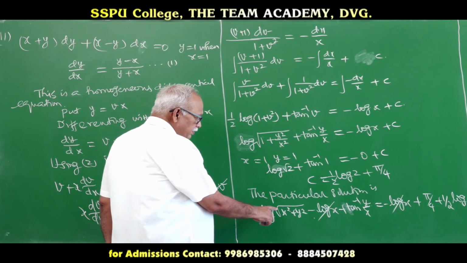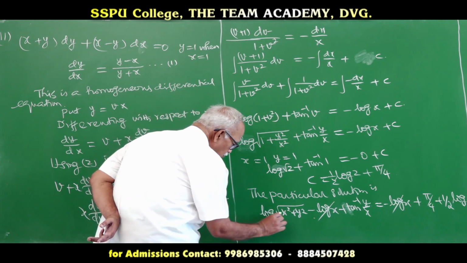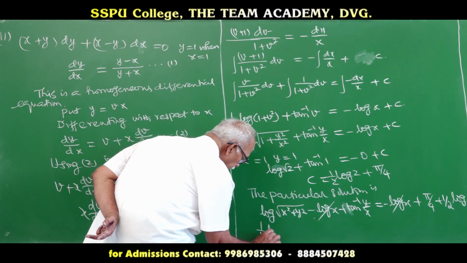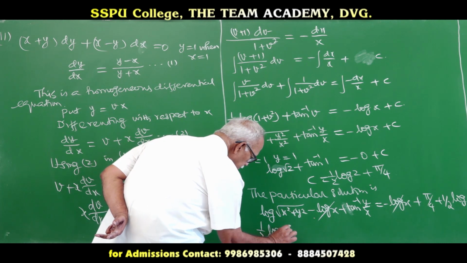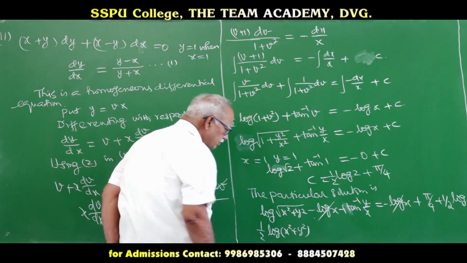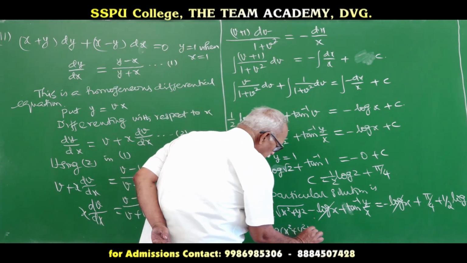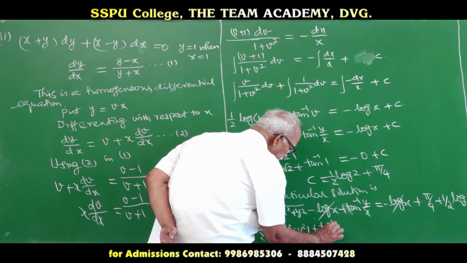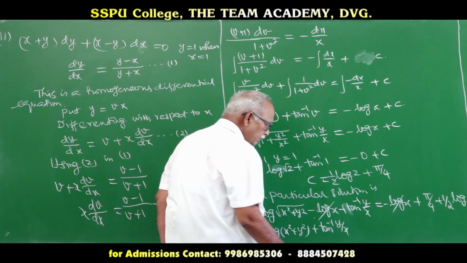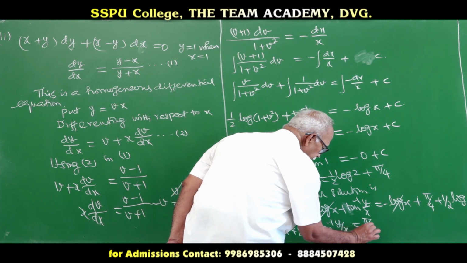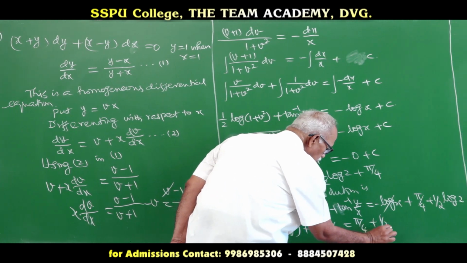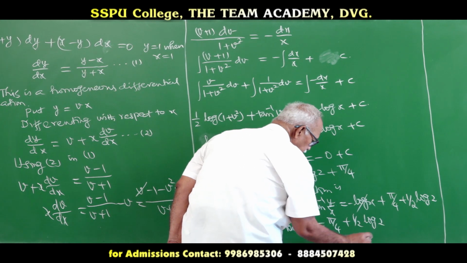If you want, you can write this as 1 by 2 log of (x square plus y square) plus tan inverse of y by x, which is equal to pi by 4 plus 1 by 2 log 2.